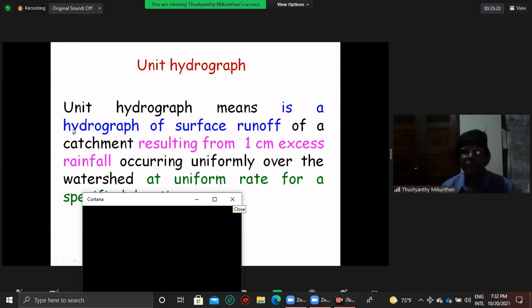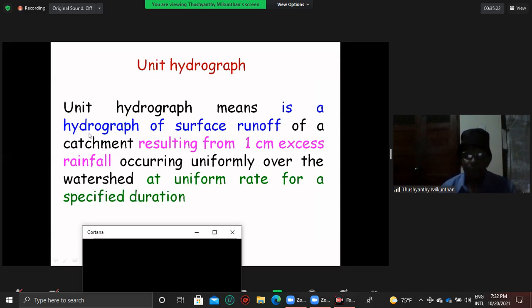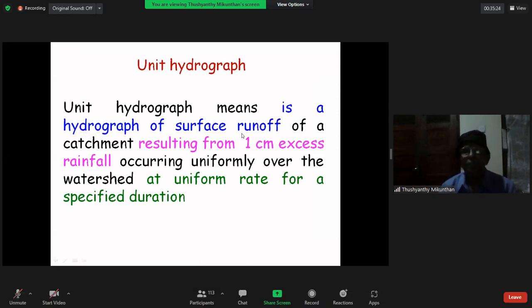So the unit hydrograph is the hydrograph of surface runoff of the catchment. Every catchment has a different unit hydrograph.